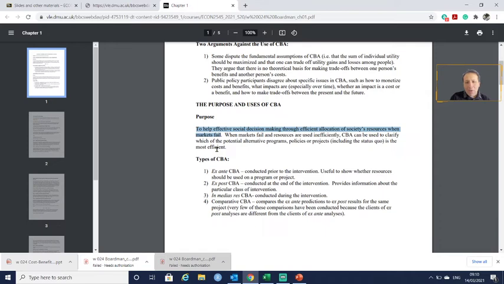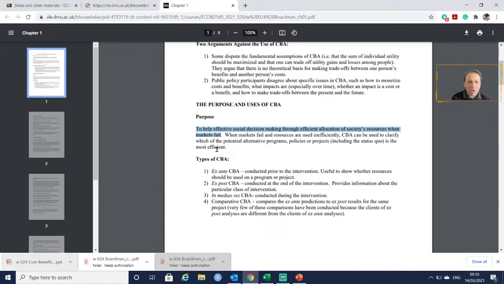There is as well a comparative CBA. The comparative CBA, as the name says, compares the predictions and the results. Once we have predictions, that means before the intervention, and ex post, we compare that with the results that we had.